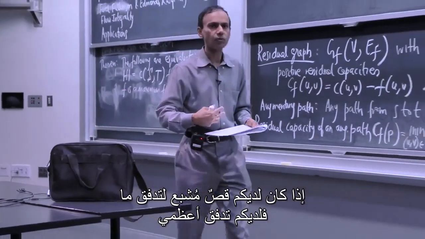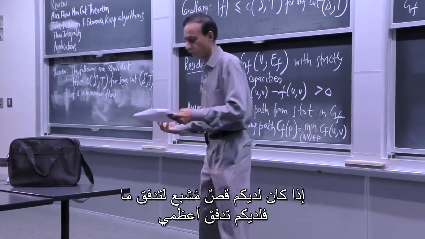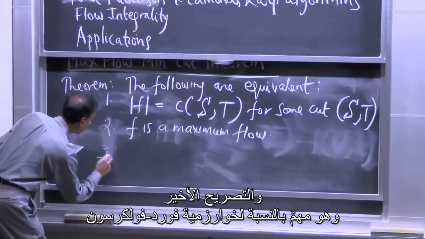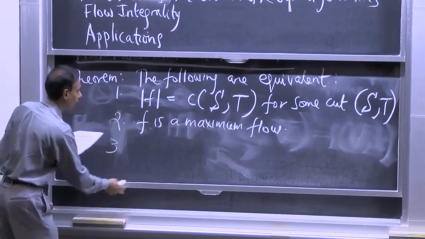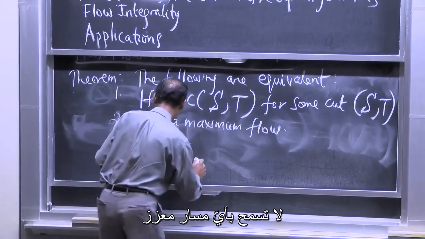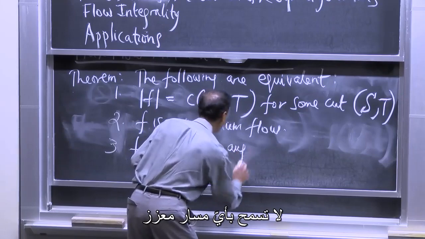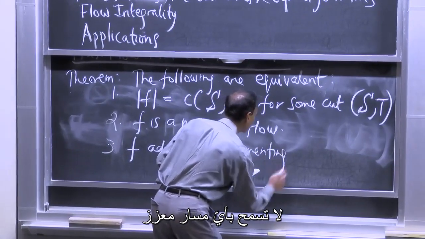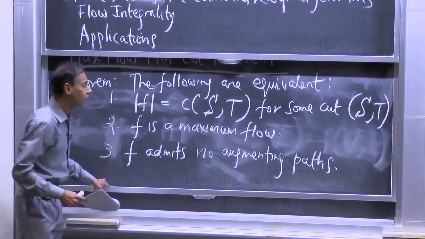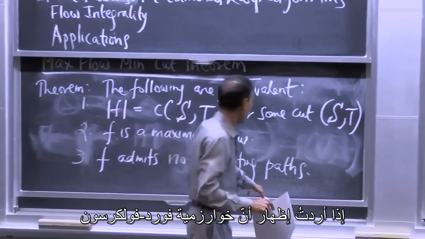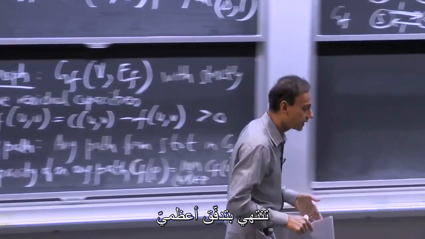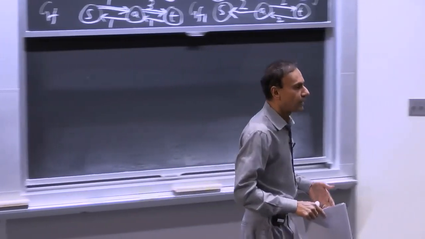If there's some cut that's saturated for a given flow, you have a max flow. And then the last one, which is important for our Ford-Fulkerson algorithm, is that F admits no augmenting paths. Okay?